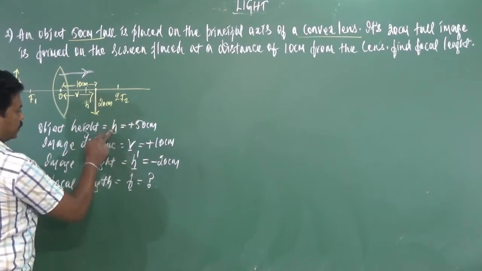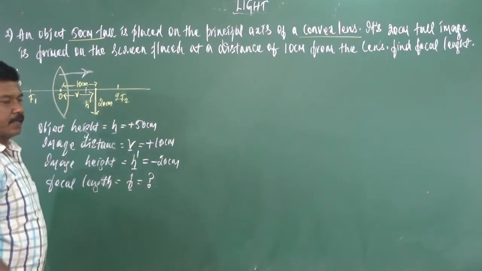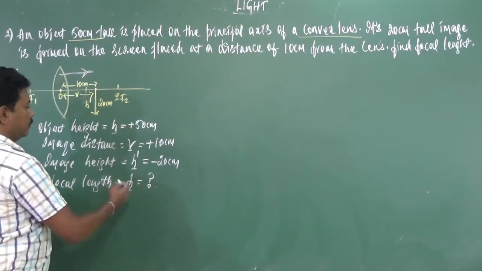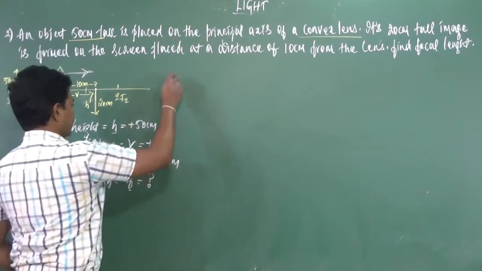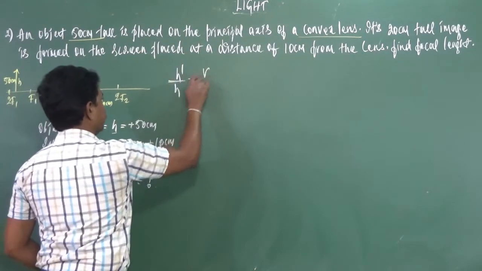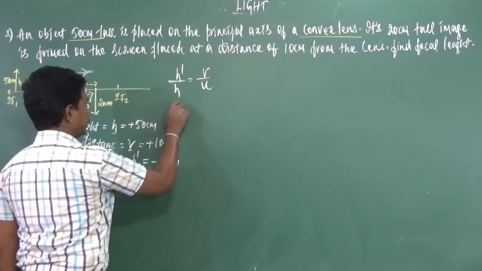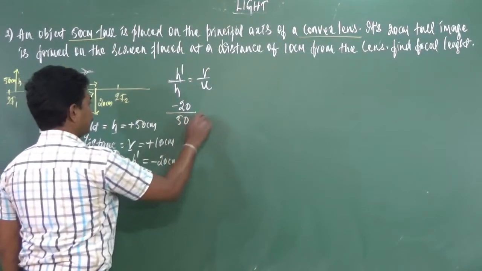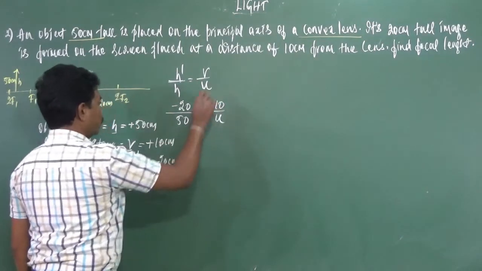Better we can go with h dash by h is equal to v by u. We will find out u, and then by using the lens formula we will find f. That's the better option. So h dash by h is equal to v by u. h dash is minus 20 by h, that is plus 50, is equal to v, which is 10, by u.